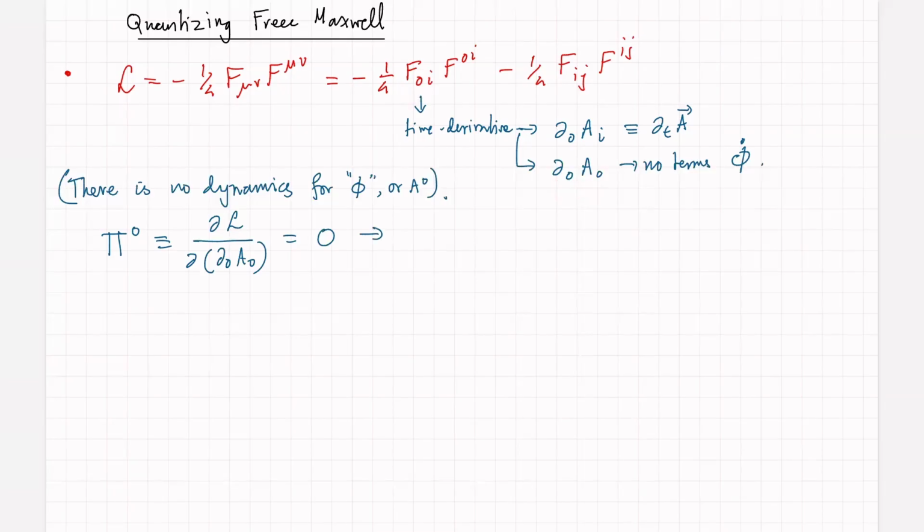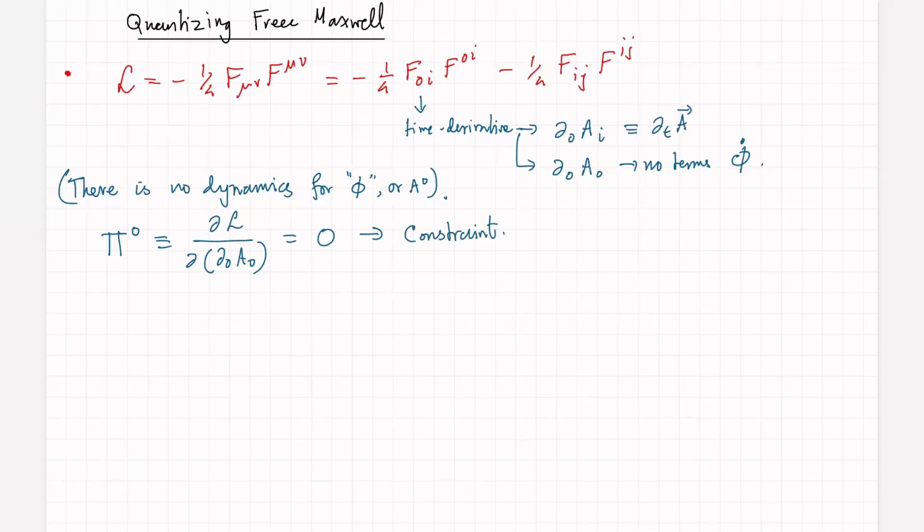So in field theory parlance, whenever you have a canonically conjugate momentum which is identically 0, and which is not being set to 0 by virtue of some equations of motion, this is called a constraint.